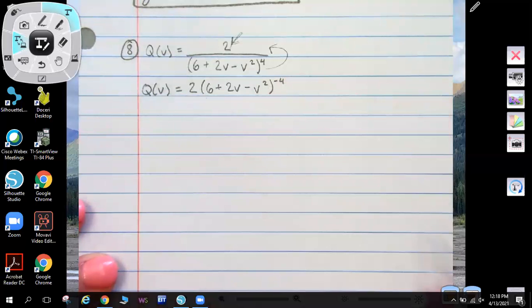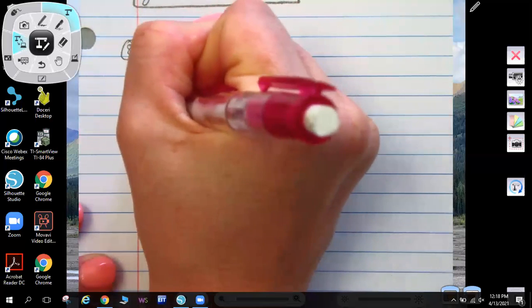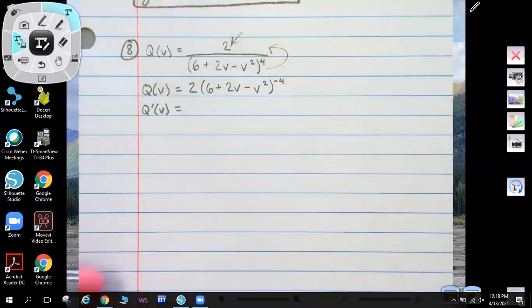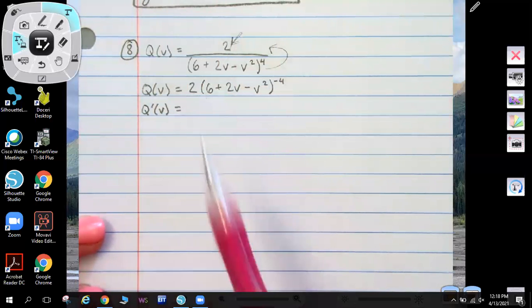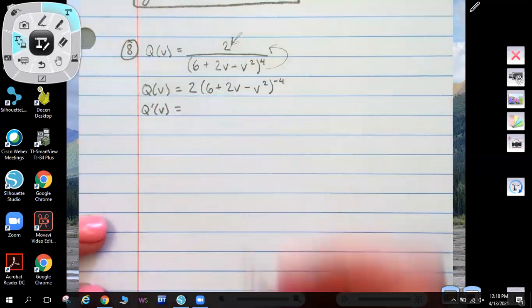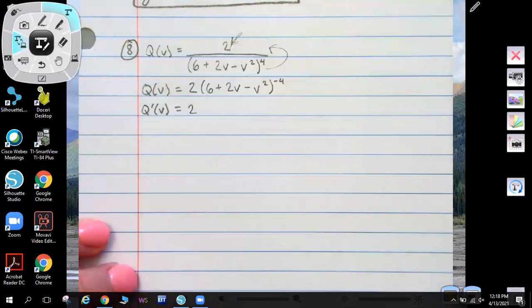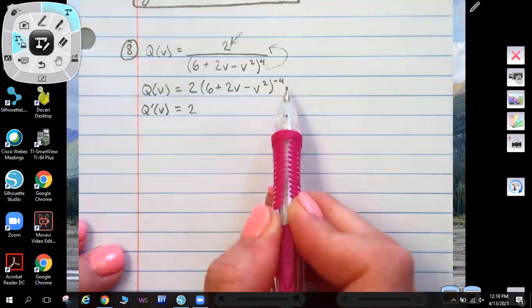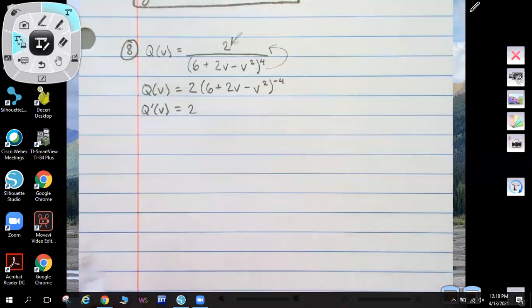Now we have something that looks like something we know how to take the derivative of. Again, this 2, because it's not a function, it's just a 2, is just going to come down to the next line. Then we're going to take the derivative of 6 plus 2v minus v squared raised to the negative fourth power, and we're going to have to use the chain rule.